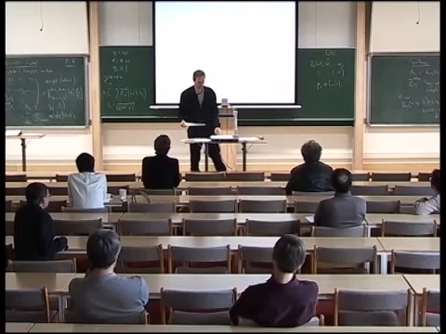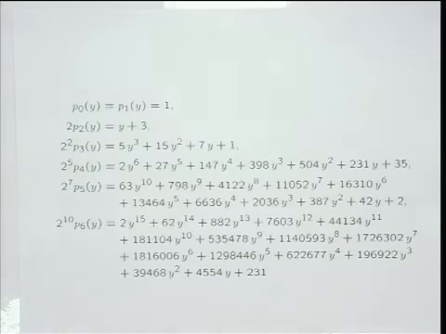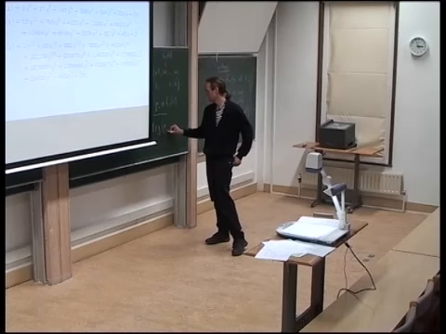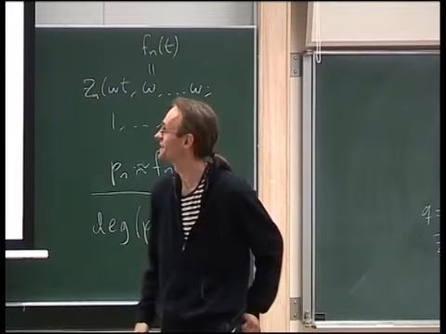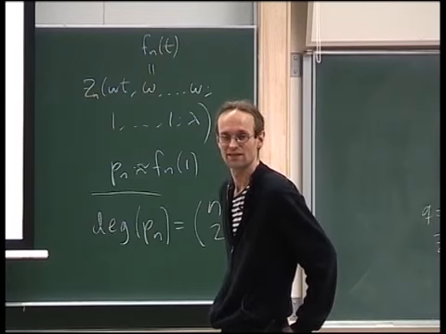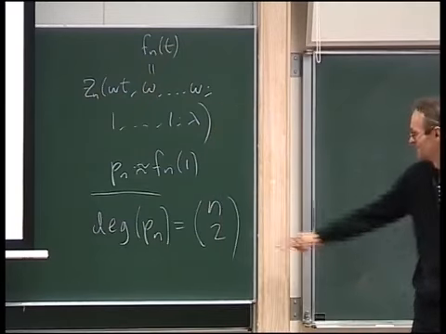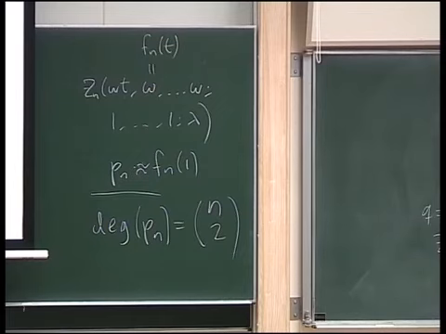The degree of Pn is n choose 2. So I think it looks right to me. Sorry, I can't see what you wrote. Oh, I'm so sorry. Thank you. So it's just a coincidence, I guess, that many of the first ones are divisible by 3.